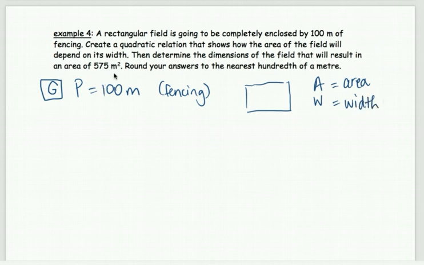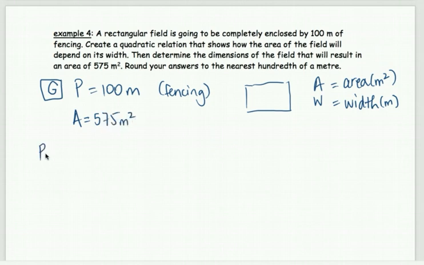Because the fence is in meters, we'll have meters for the width and meters squared for the area. We need to create a quadratic relation and then determine the dimensions of the field. We know the perimeter has to be 100 meters.